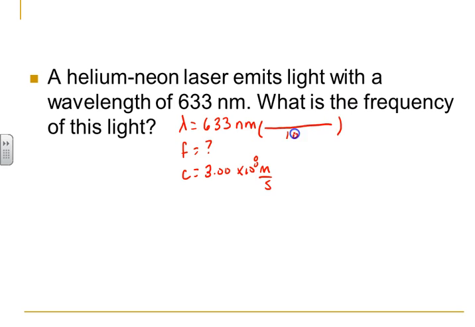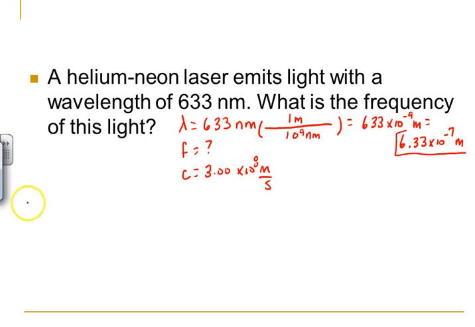There are 10 to the 9th nanometers in 1 meter. So that means we're going to have 633 times 10 to the negative 9th meters, which is equal to 6.33 times 10 to the negative 7th meters when we move our decimal back for proper scientific notation.